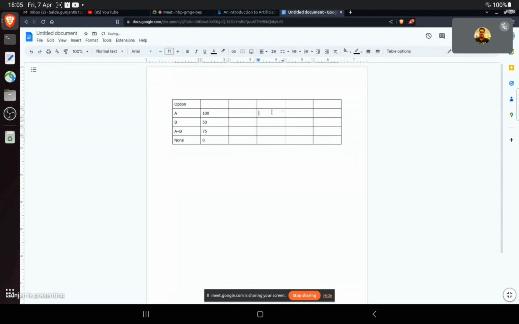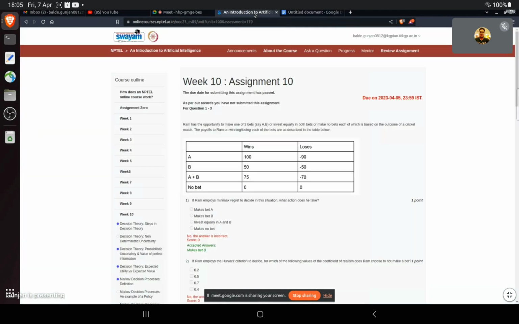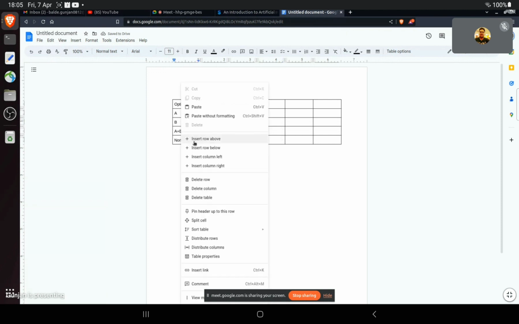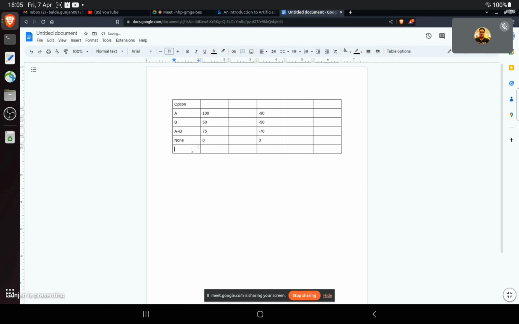And here we have minus 90, minus 50, minus 70, 0. Minus 90, minus 50, minus 70. And I'll just add one row below. So would anyone like to wager a guess on how we will solve this?